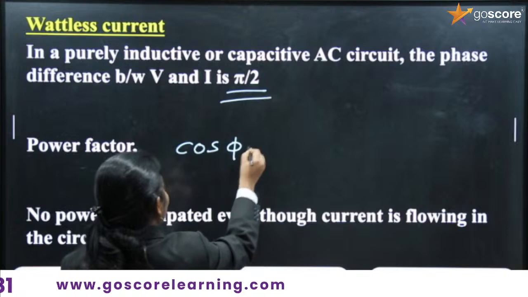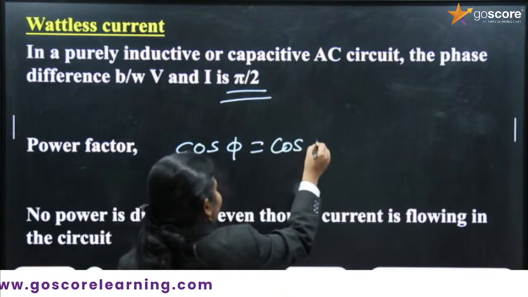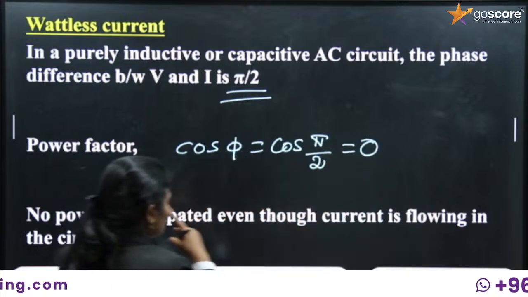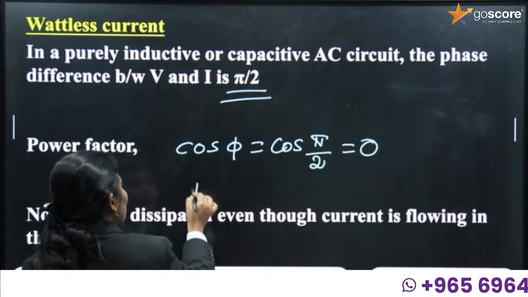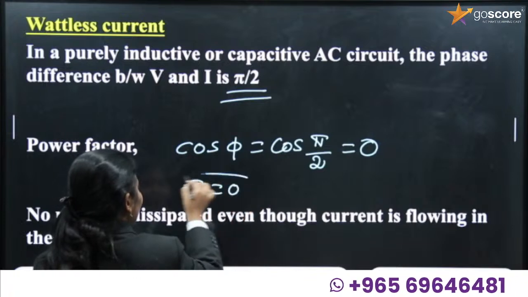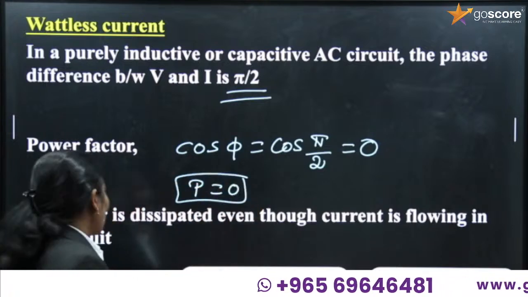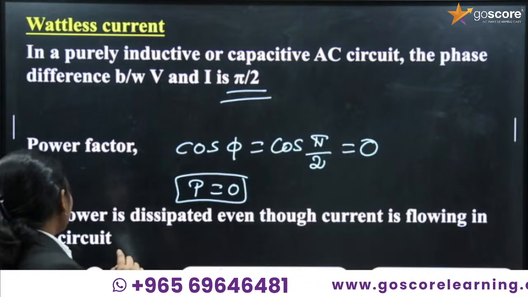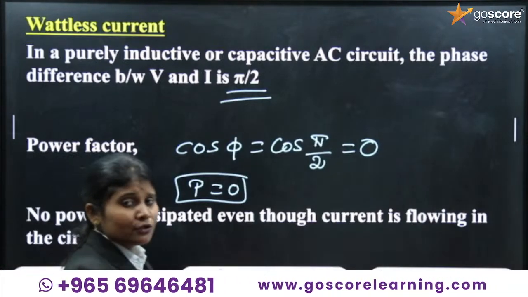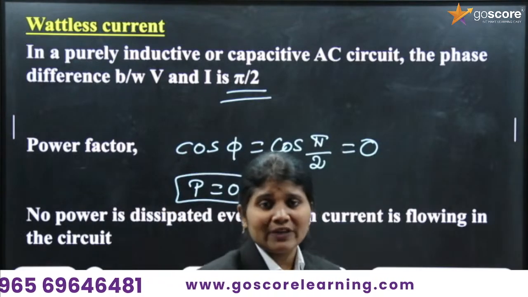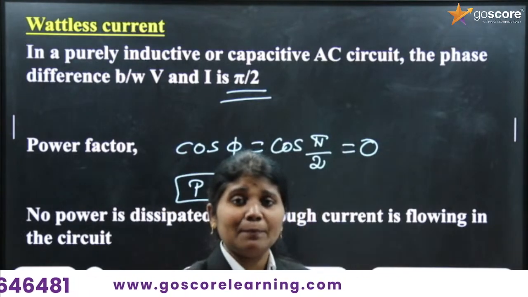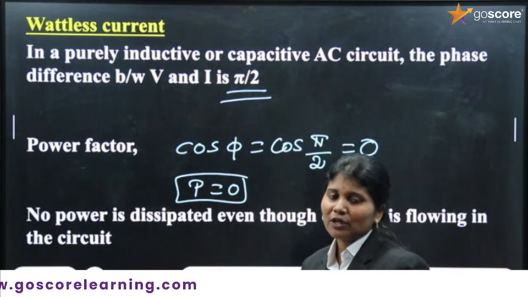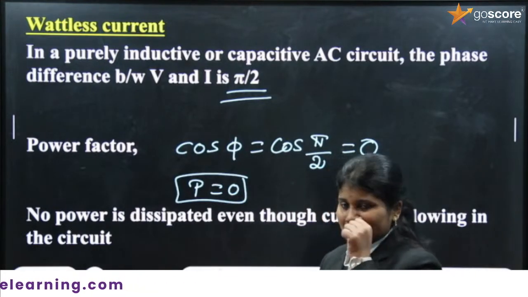Cos phi is equal to cos pi by 2, which is 0, so the average power is also 0. No power is dissipated even though current is flowing through the circuit. We call it a wattless current.